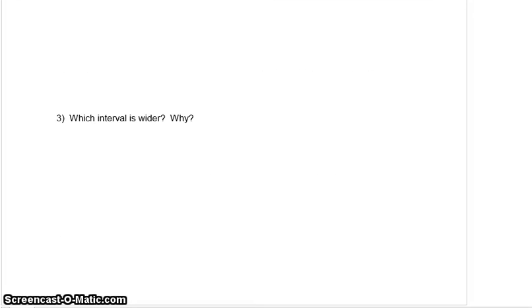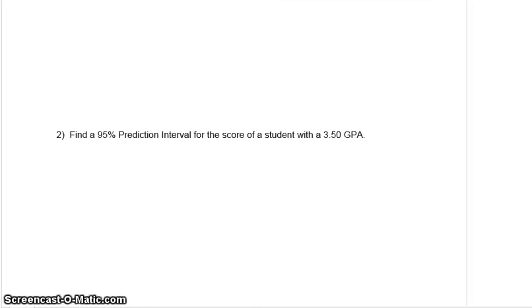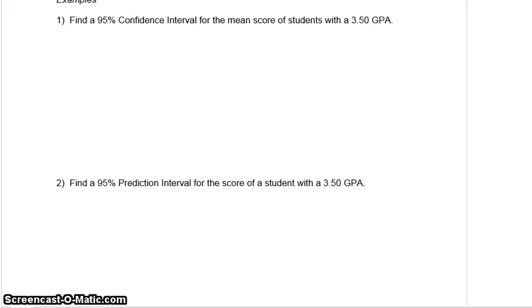So let's go ahead and start with a 95% confidence interval for the mean score of students with a 3.5 GPA. So this time the parameter that we're defining is mu hat, which is the mean score of students with a 3.5 GPA.